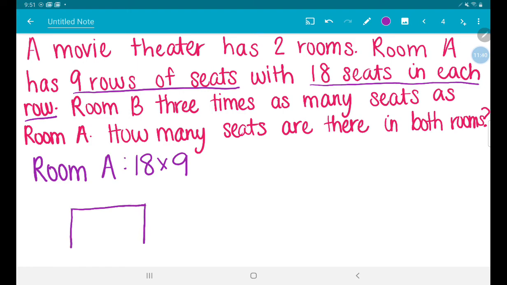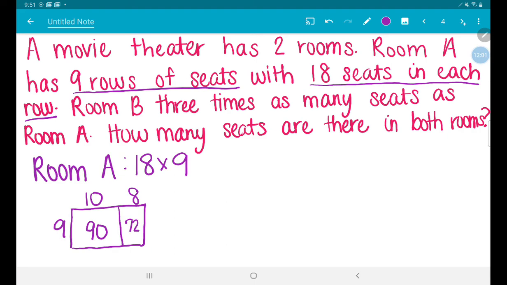Using an area model, I'm going to make my long side 10 and 8. My width is 9. 9 times 10 is 90, and then 9 times 8 is 72.